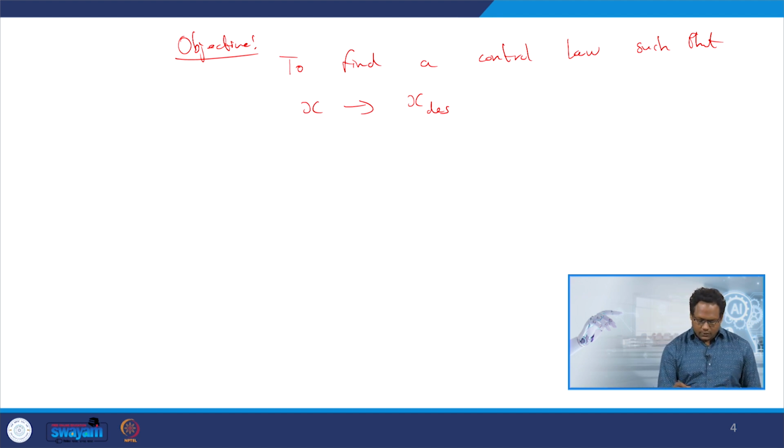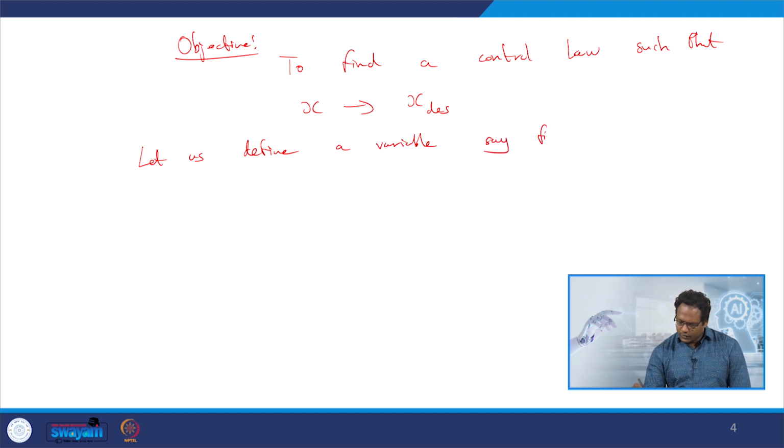Now, let us define a variable called filtered tracking error, which is represented by r, that is given by r equal to the n minus 1th derivative of the tracking error e plus lambda 1 times the n minus 2 derivative of the tracking error, and it continues up to lambda n minus 1 into e.